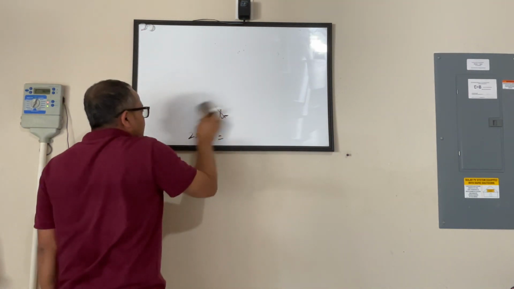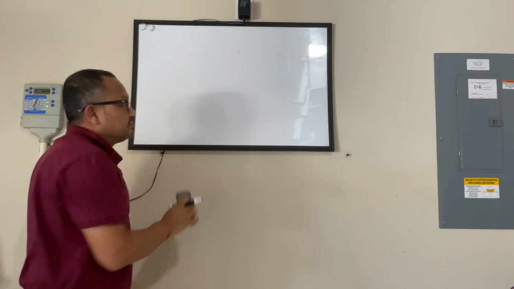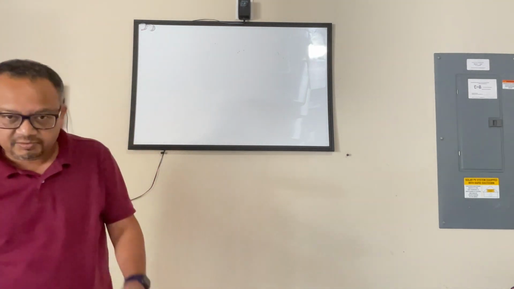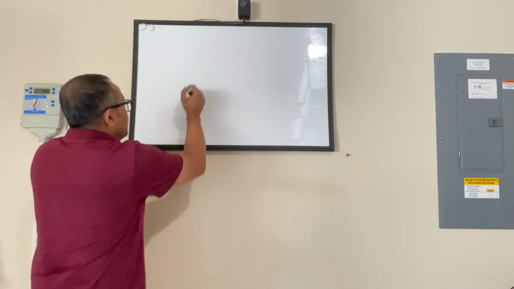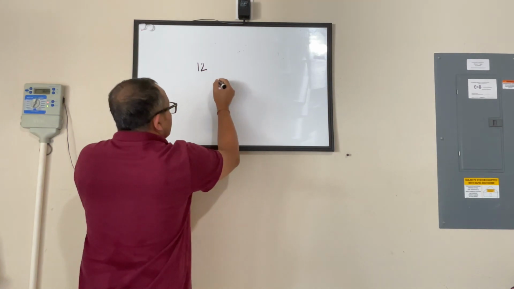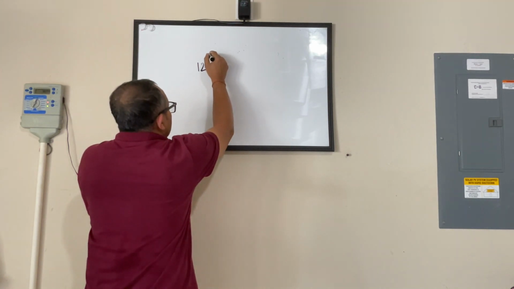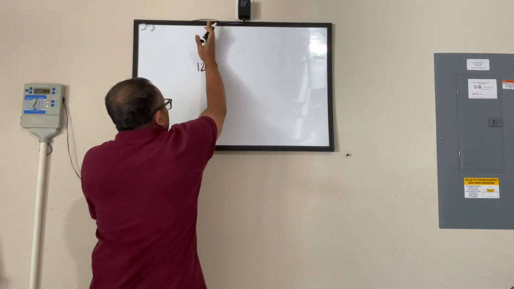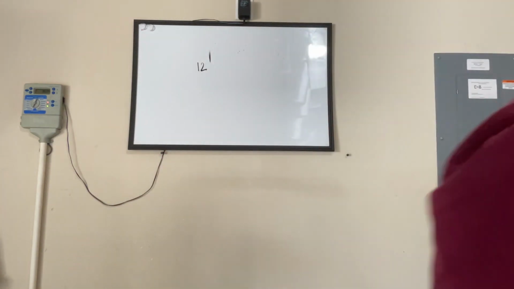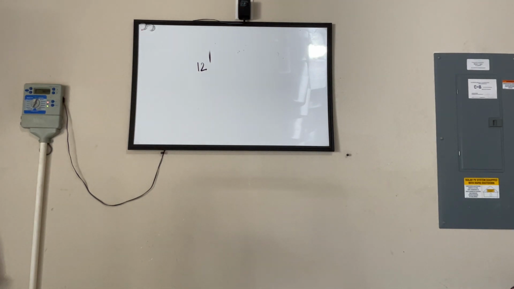Now, any other question that we want to pick up before we go to the natural log one? Yes. 12 times (1 minus 4 to the power x) equals 18.